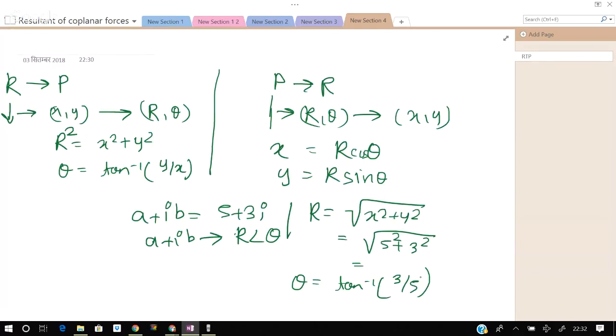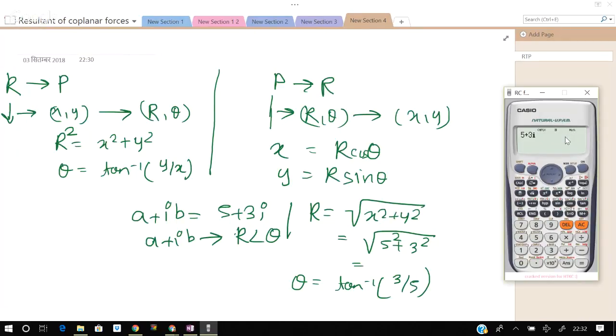So let us calculate this value. We have our scientific calculator over here, and we have typed the complex number. We'll press shift and we'll press 2 because complex is written on number 2, and we'll press 3. Once we press 3 and equals, we'll get the magnitude as well as theta.